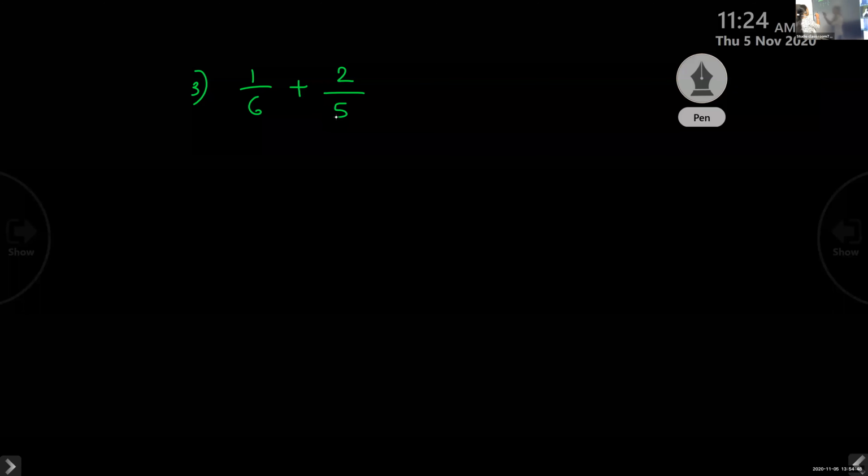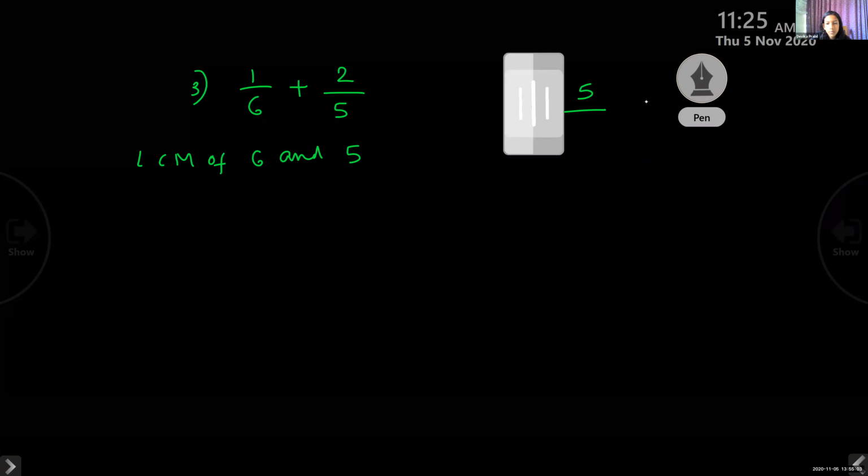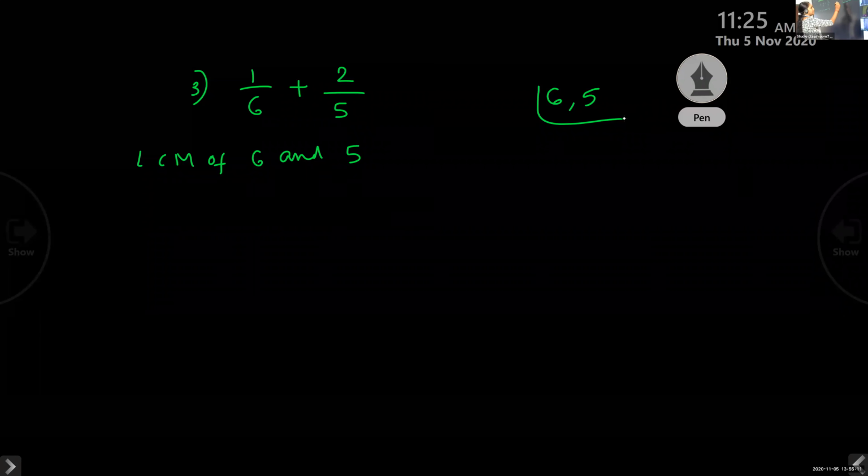So we should find the LCM of 6 and 5. There are no common factors. What will be the answer if there are no common factors? 30. 6 into 5 is 30.